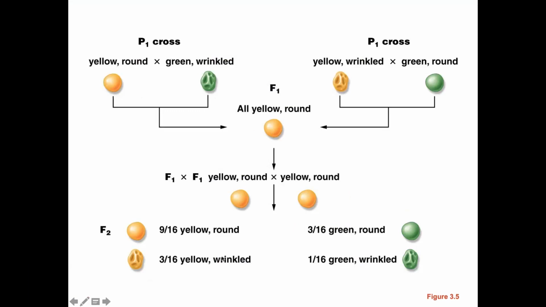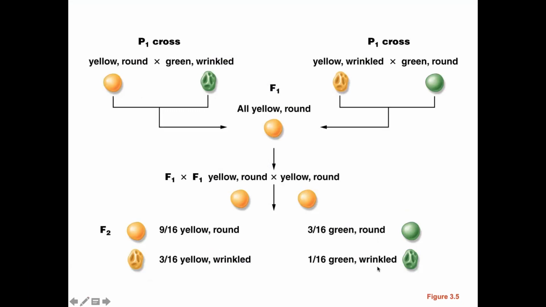He saw 4 phenotypic types among the F2 progeny in terms of the trait expression for seed color and seed shape. One phenotypic type was yellow and round, another was yellow and wrinkled, a third was green and round, and the fourth was green and wrinkled.